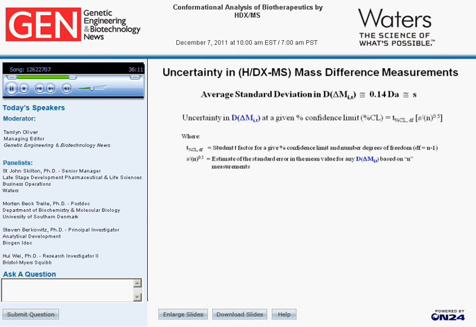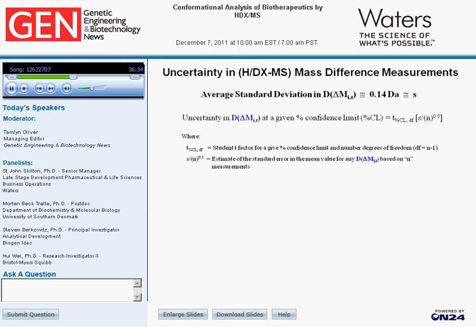And having that number, we can then calculate a confidence limit using the equation just below, which is basically nothing more than using a student t-test for a given confidence limit and number of degrees of freedom, which is equal to the number of experiments minus 1, times the standard error of the mean. So that's a simple equation that gives us the capability of calculating a confidence limit.